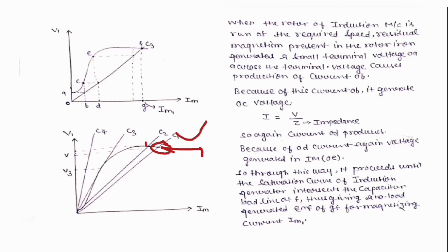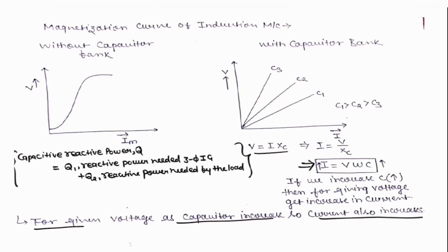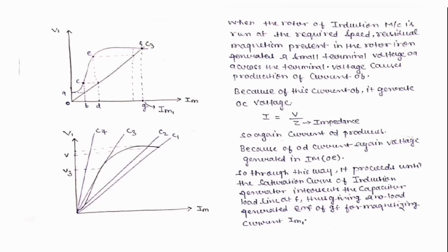Here you see the voltage is greater than this. If we decrease the capacitance, in that case the voltage also decreases.